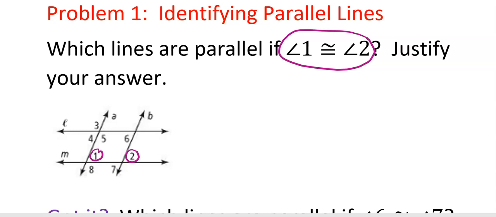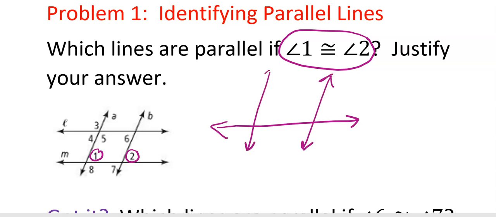So sometimes it's easier to kind of break out and draw a new picture. That's what I'm going to do because we have lots of angles in there and we have lots of lines. So the thing I'm looking at is the lines that are attached to those two angles only. So what I'm looking at are these. So 1 is here. 2 is there.